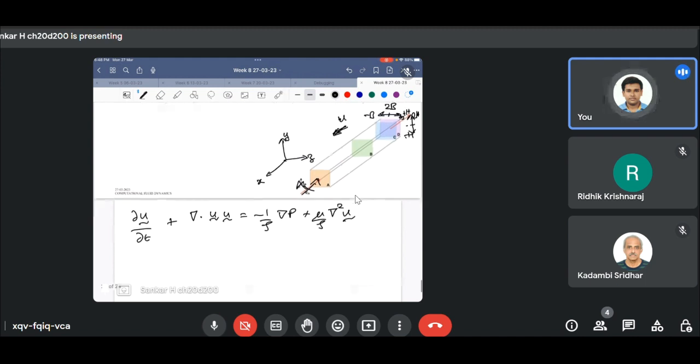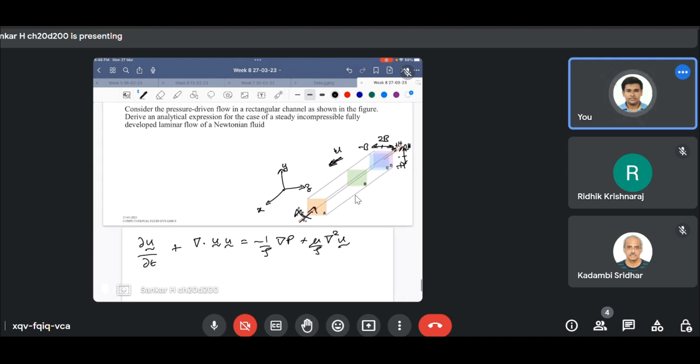We can assume a few things over here. What they have given us is that it is a symmetric rectangular channel, symmetric along the axis of the study.